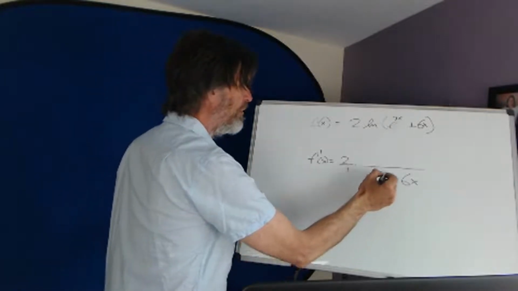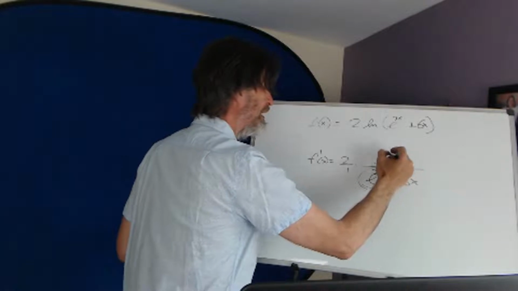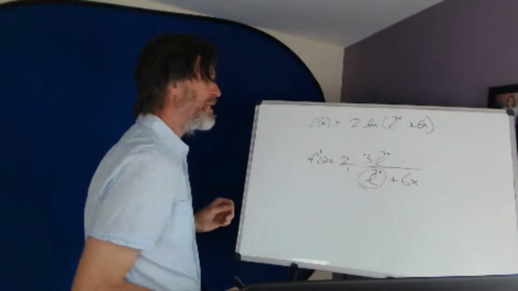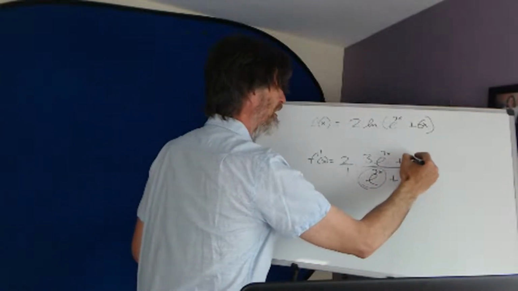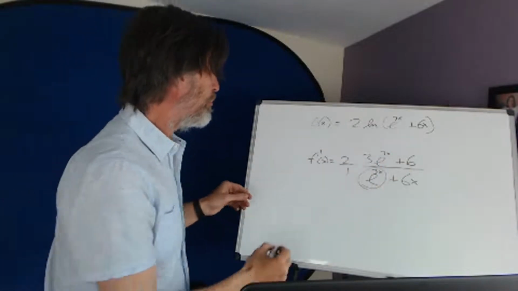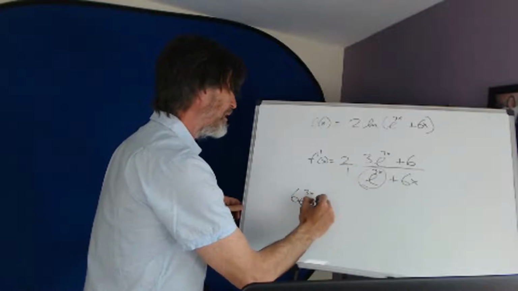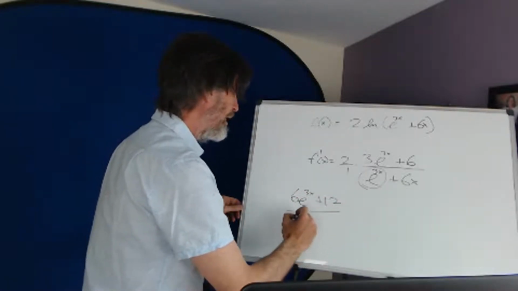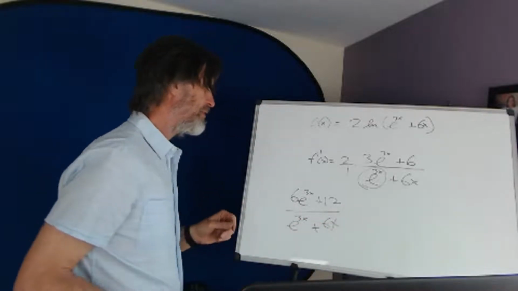Well, the derivative of e to the 3x has e to the 3x in it, and then you multiply by the derivative of that power. That's 3e to the 3x. The derivative of 6x is 6. If you now distribute this 2 through the set of parentheses, 6e to the 3x plus 12 over e to the 3x plus 6x.